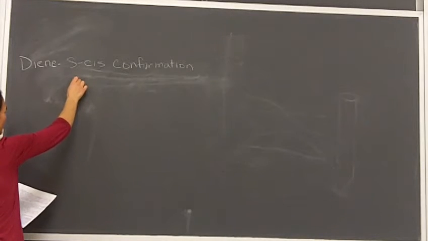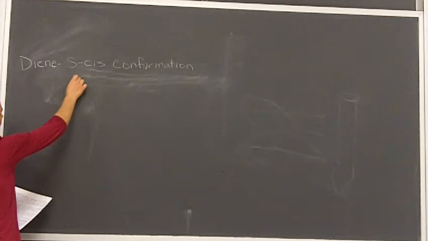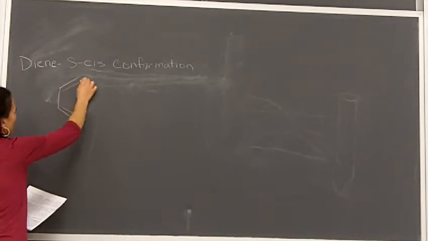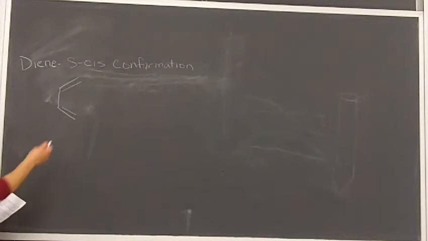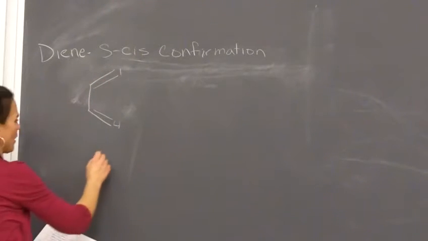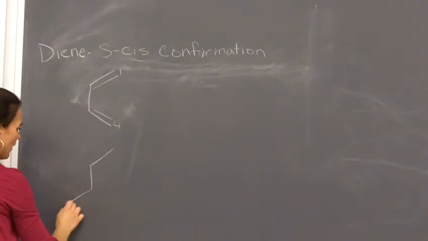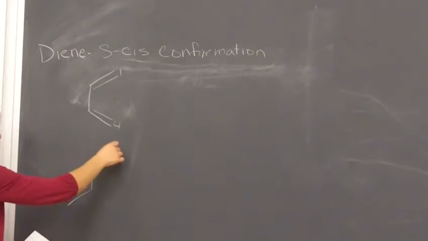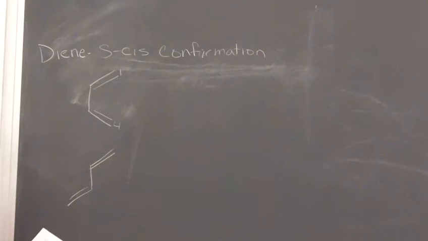So when we were looking at the butadiene, this is S-cis, okay? So you want your carbon 1 and your carbon 4 as close to each other as possible so that they can react appropriately. If you have it like this for your diene, then you don't have both ends of it close together to get your ring formation, okay? So you'll always get this S-cis conformation.